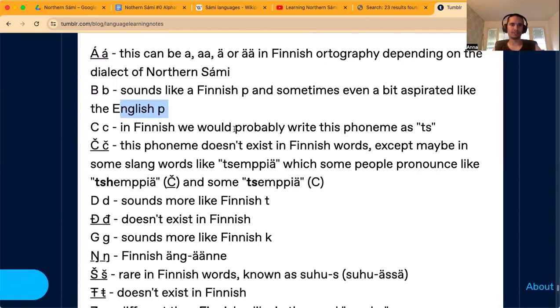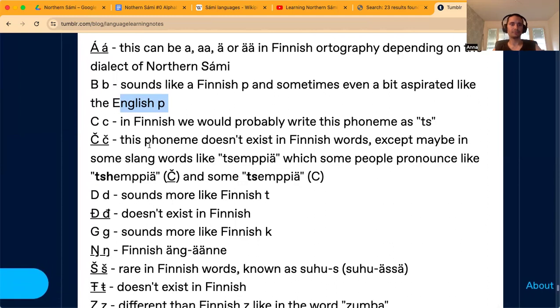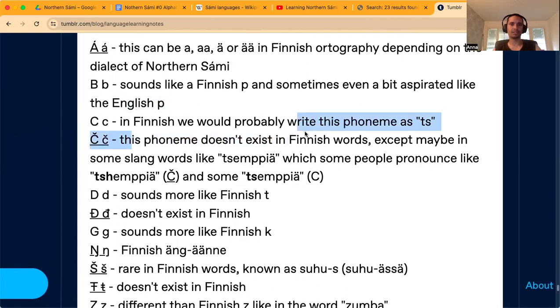C, yeah, in Finnish we would probably write this phoneme as ts. Ch, this phoneme doesn't exist in Finnish words, except words like tsemppiä, which some people say with one C and some with the other.